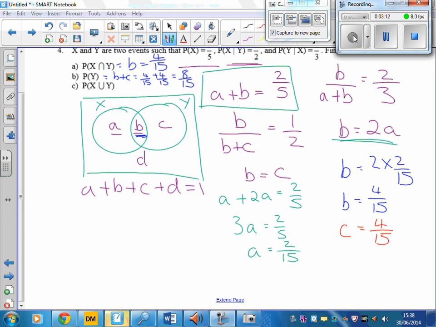The probability of X union Y is the probability of everything within the two circles, which is A add B add C, which is 2/15 add 4/15 add 4/15, which is 10/15, which equals 2/3.